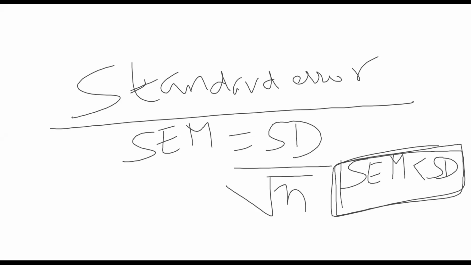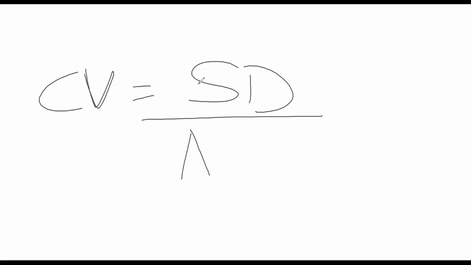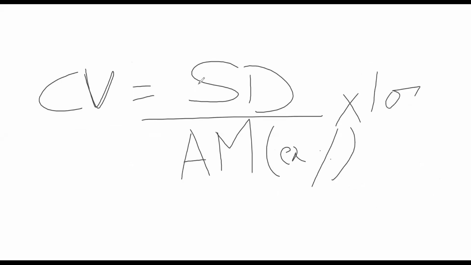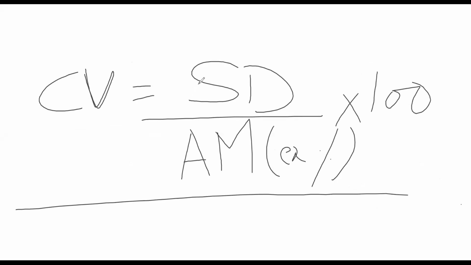Next term is coefficient of variation. Coefficient of variation, CV, is standard deviation divided by our arithmetic mean, expressed in percentage, multiplied by 100. This is the formula of coefficient of variation. We use this term to compare the variation in different groups.